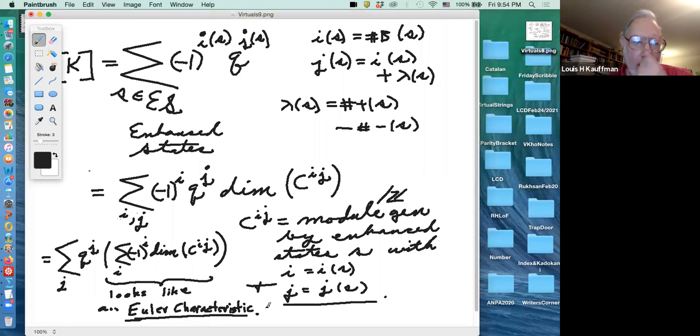Now, I need to remind you, just for the sake of completeness, I'll assume that somebody doesn't remember much of anything about Euler characteristic and chain complex. So at this point, maybe we take a moment and remind you about chain complexes. But this looks like the Euler characteristic of a chain complex. And let me say this, and then I'll backtrack and remind you. We need another slide. But this is just a rewrite of that. So we have that the bracket k can be written in this form.